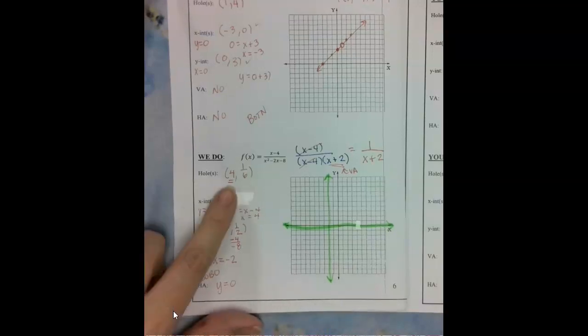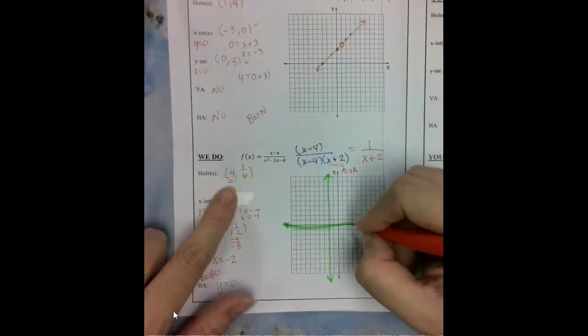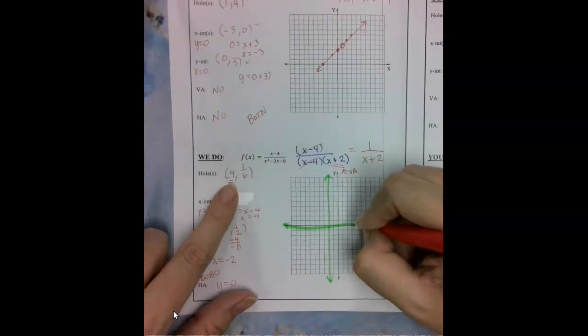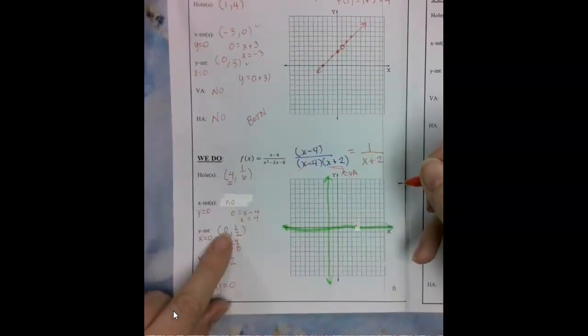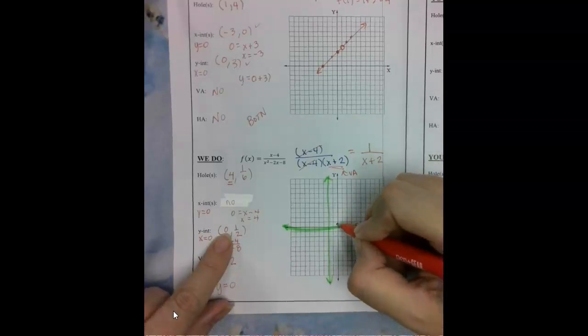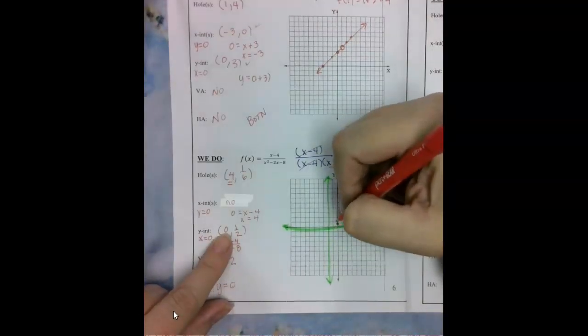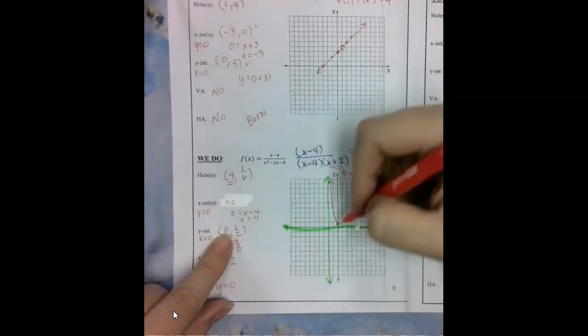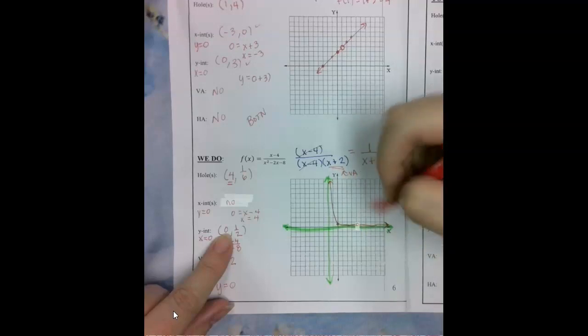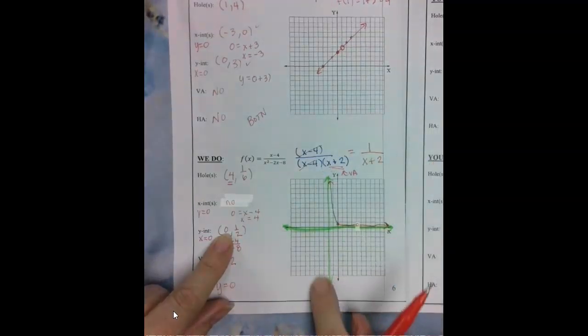And I know I have a hole at 4 and 1/6, so it's just right there. And I know I have a y-intercept at 0 and 1/2 right here. And that means that it's got to be going up on this side, and it's got to be going like this on this side.